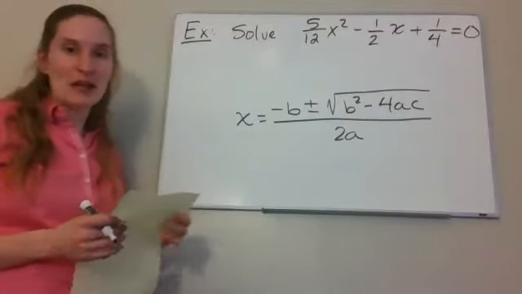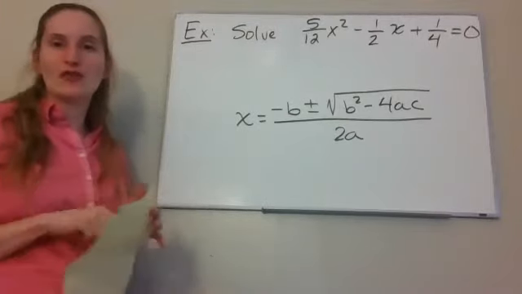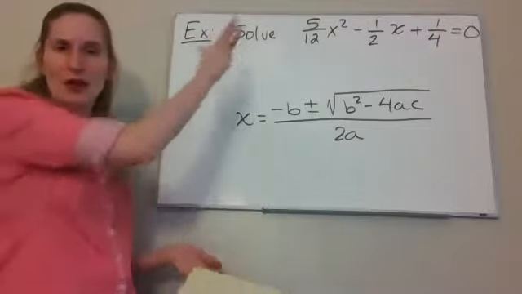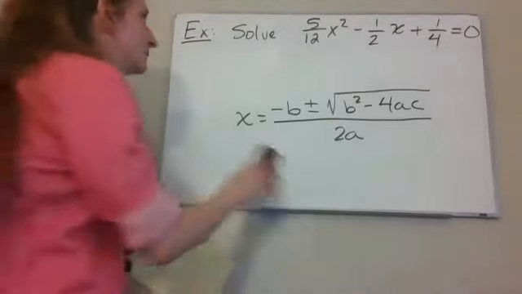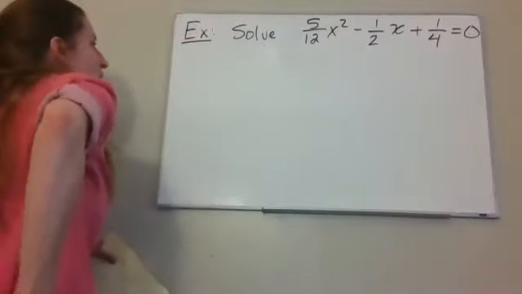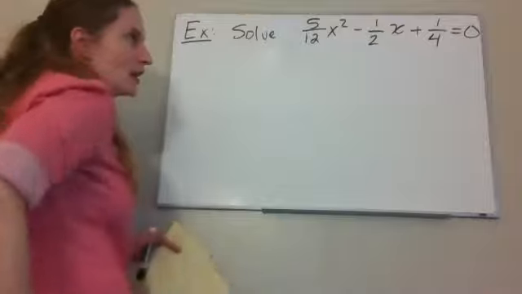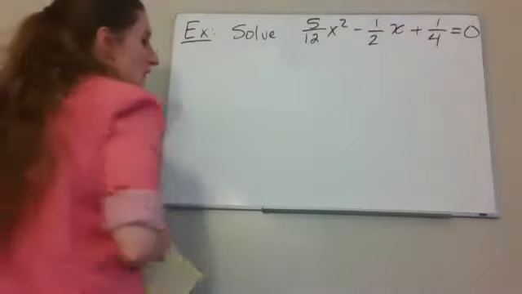When we have all these terrible fractions in the problem, it's much nicer if we can first change the way our equation looks, so that it doesn't have fractions all over the place. The way I can do that is if I multiply every single thing in my equation by 12, it'll clear all of my fractions.